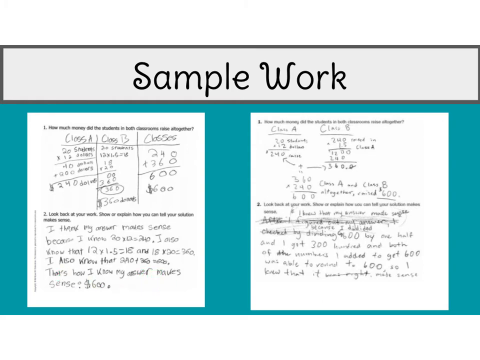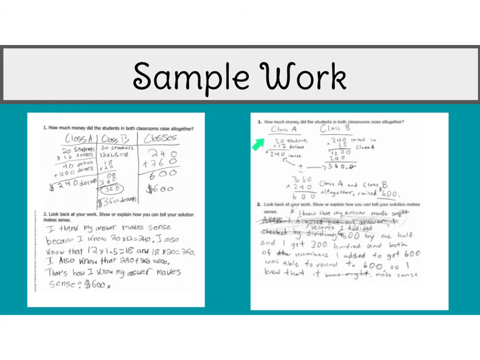That's how I know my answer makes sense, $600. So thinking about that, did they really explain why they did what they did? To me, that sounds like all they did was tell us what they did, not necessarily explain why their answer makes sense. Let's take a look at student B.